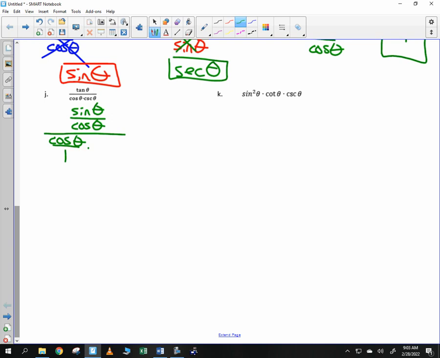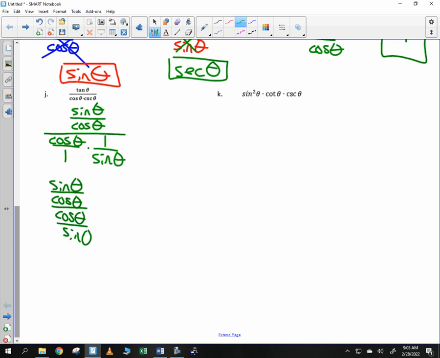To what? 1 over sine. True or false? I have the same thing on the top as I do on the bottom. You don't, do you? And so if we take sine of theta over cosine of theta on the top, and on the bottom you have cosine of theta over sine of theta.